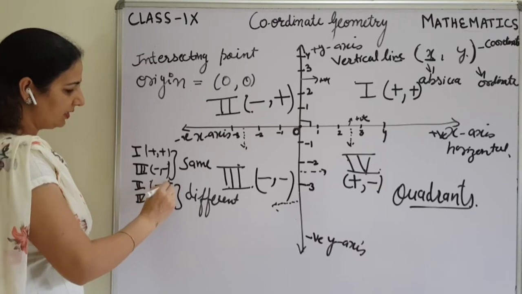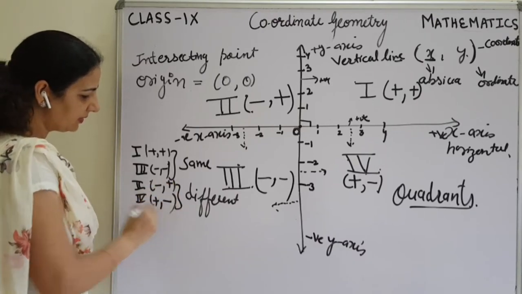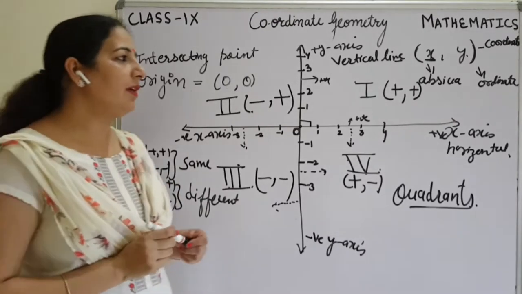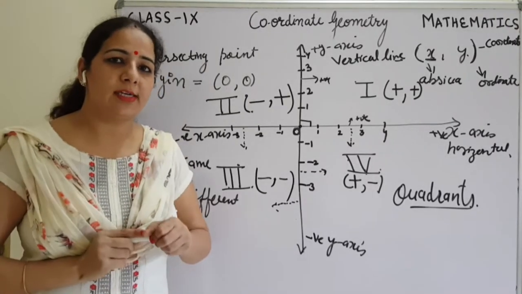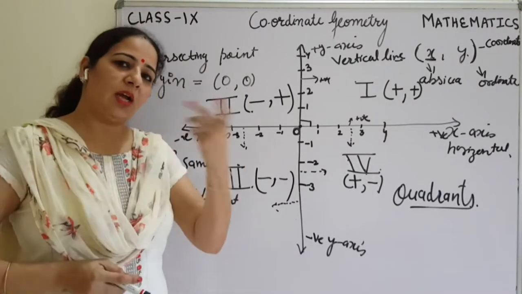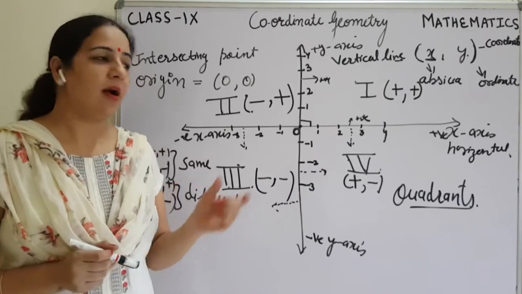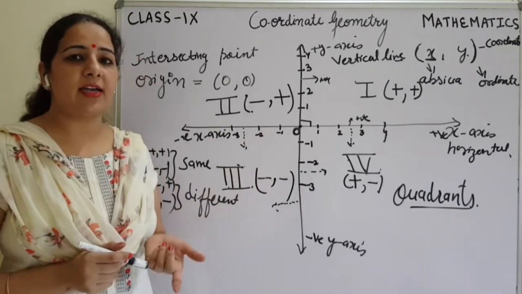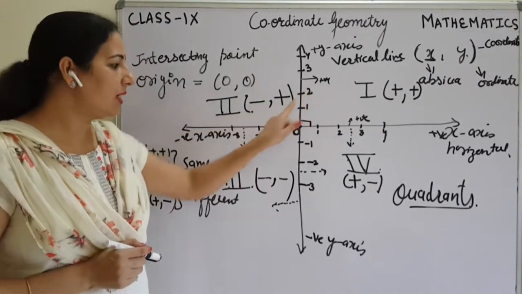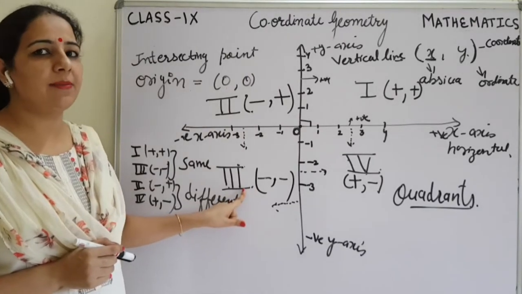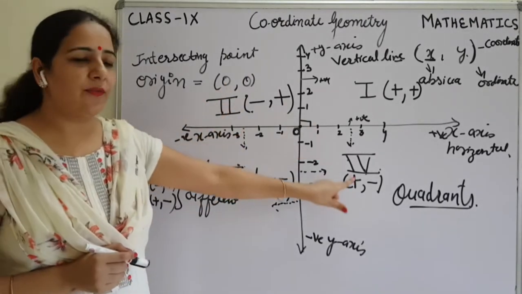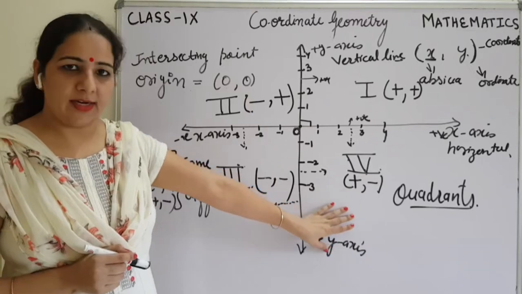Here minus plus, here plus minus. So if anyone asks you in which two quadrants the coordinates have the same sign, the points of the x-axis and y-axis having the same sign: in the first and in the third they have the same sign. In the second and in the fourth they have different signs.